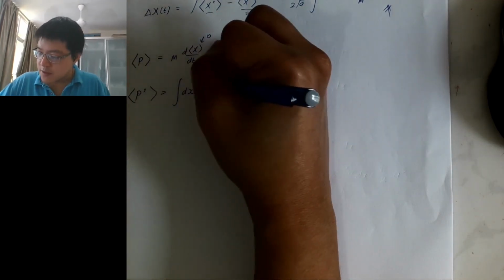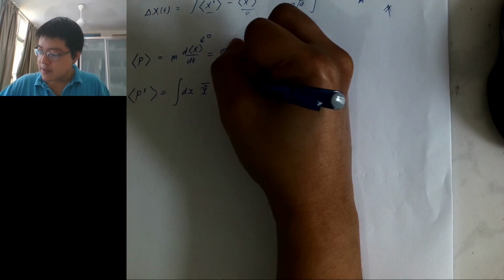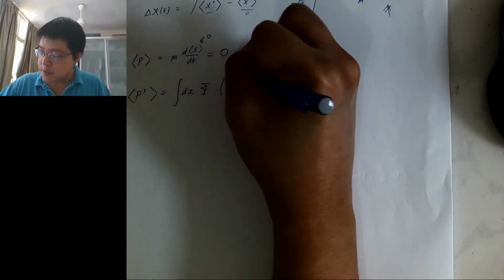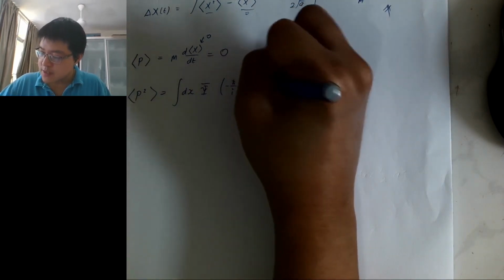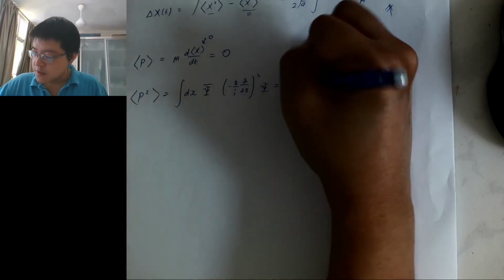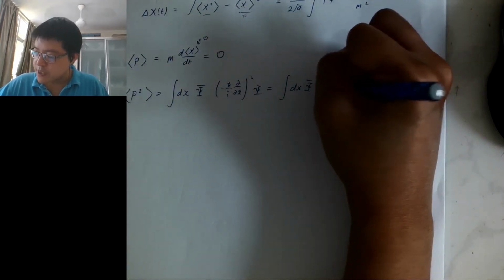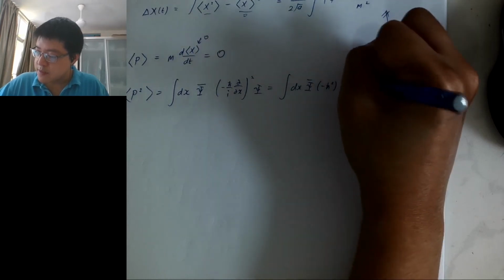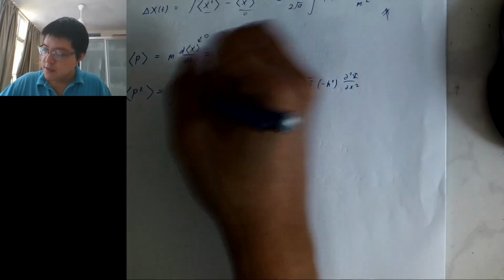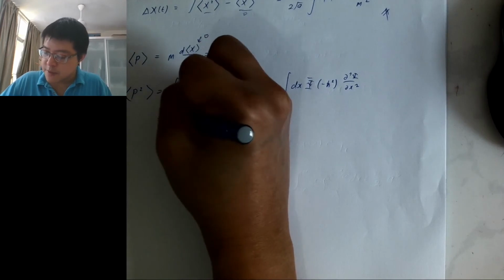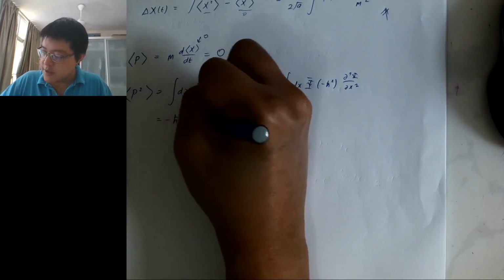So we got this, right? We got the complex conjugate, and then h bar over i operating on this twice. So we got the integral of dx. This thing, I got negative h bar squared, the second derivative of this. So I pull out the factor of h bar squared, integral of dx.